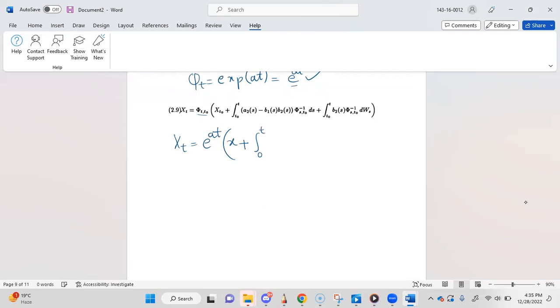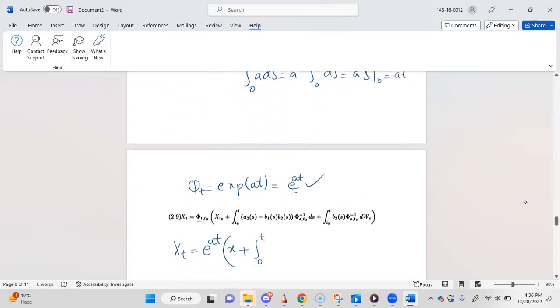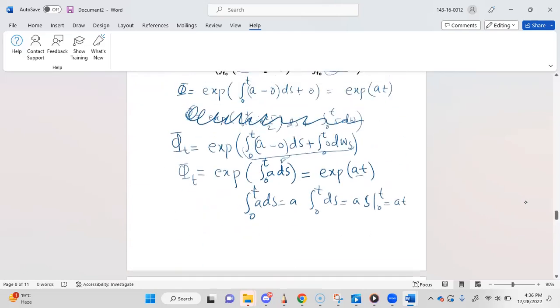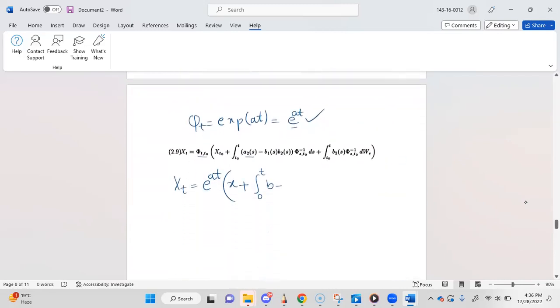The integral from 0 to t. What is our a2 now? a2 is b. So I'll write this b minus a1 or b1 and b2. b1 and b2, because b1 is 0, their product is 0. What is going to be phi of this? Phi of s inverse. So you just take the inverse of this.